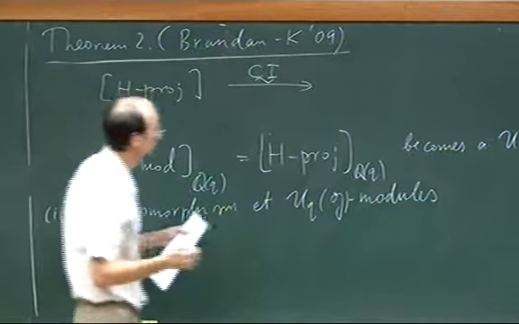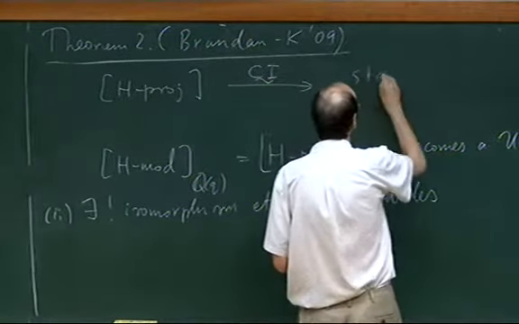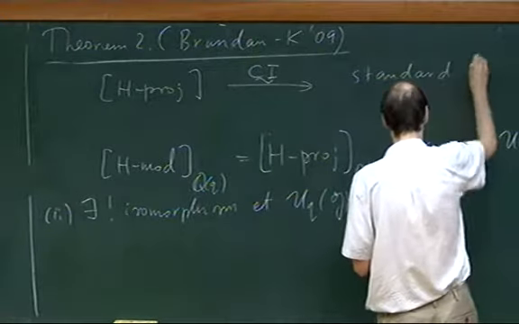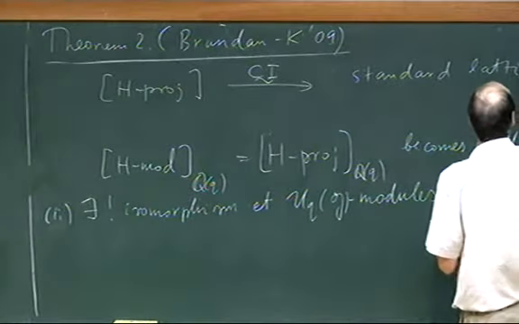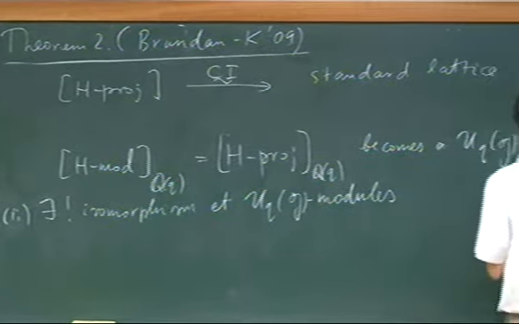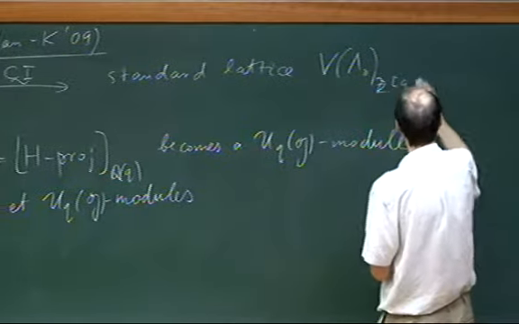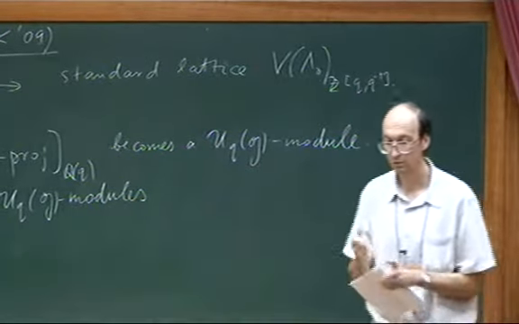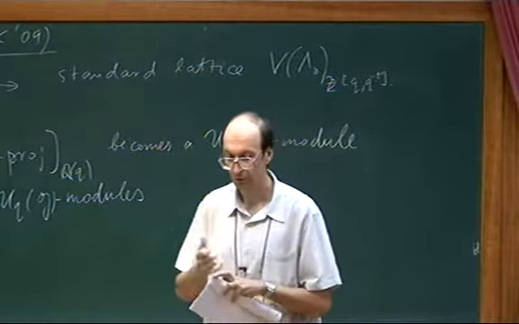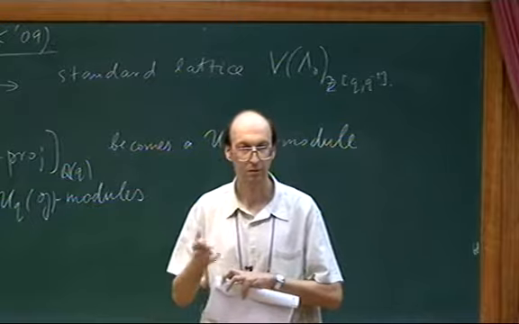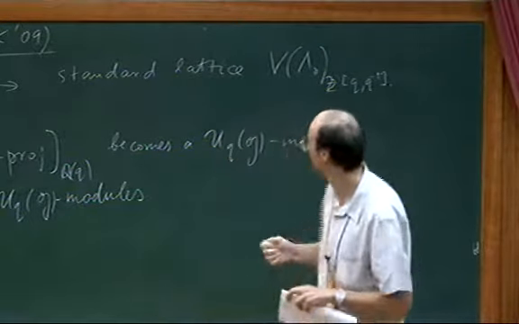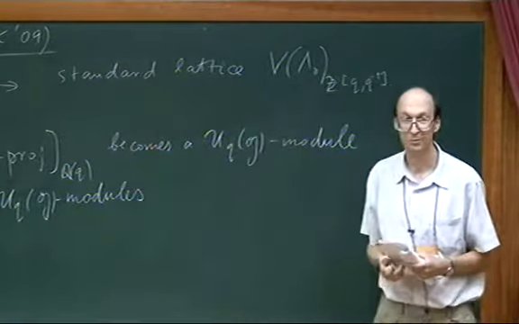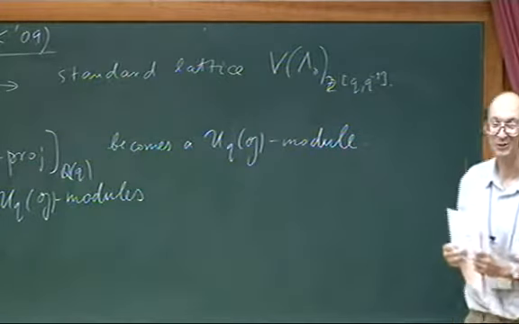And so it turns out that this is a standard lattice, V(Λ0) over Z[q, q inverse], which is called the Chevalley, Kostant, Lusztig, or Tits form, depending on whom you want to please.